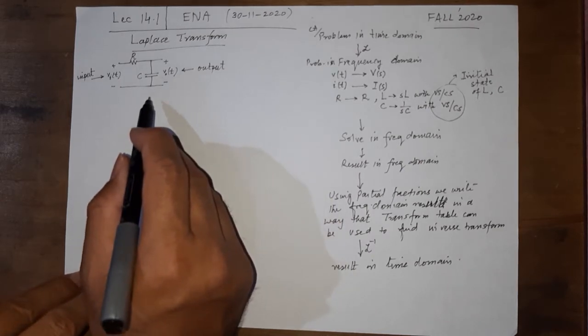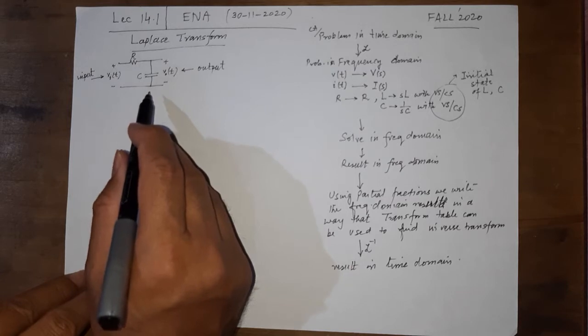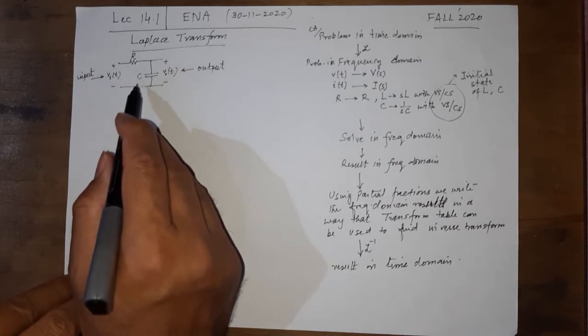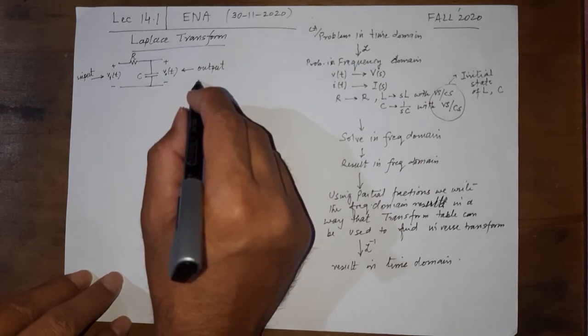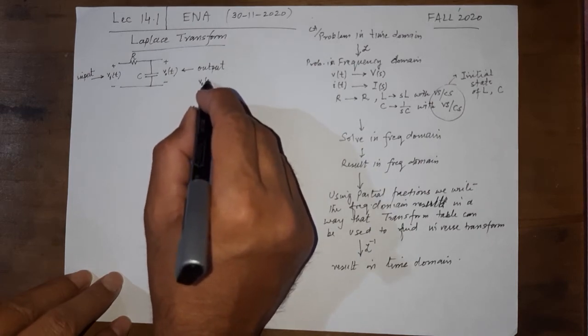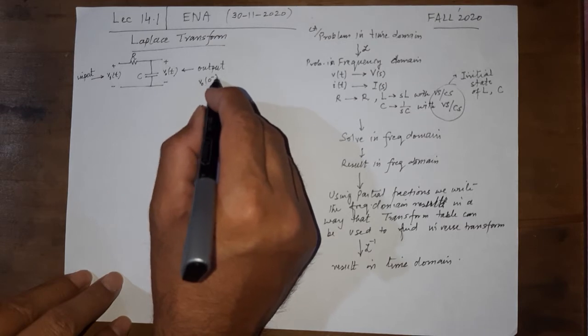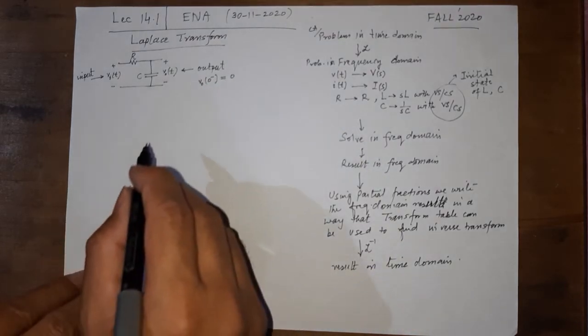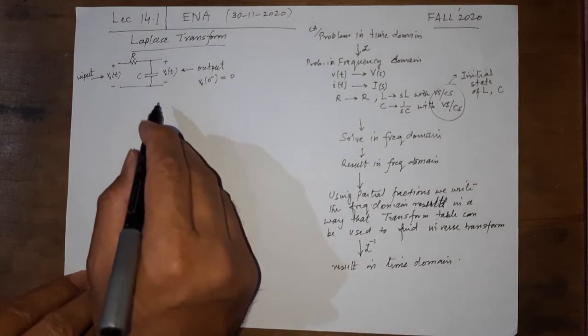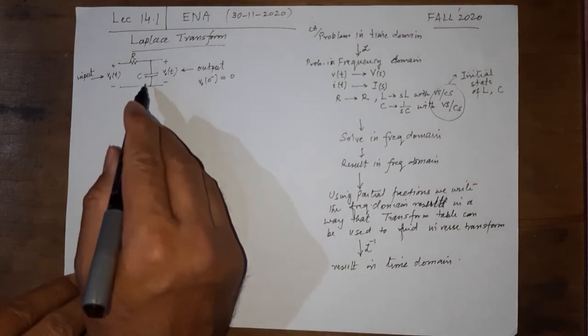So if we now apply a Laplace transform on this circuit, and let us say the initial voltage on the capacitor is 0 just before t is equal to 0, that is, the capacitor is not initially energized.